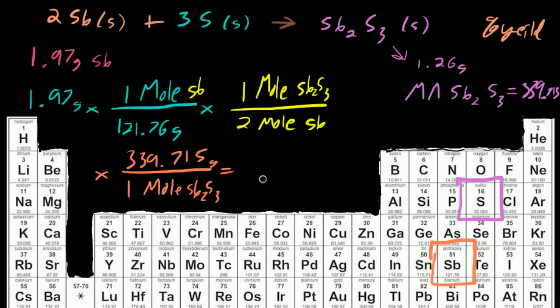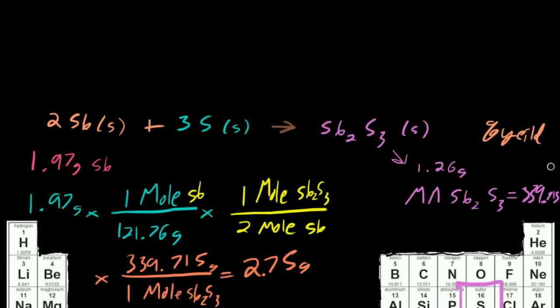Our theoretical yield is 2.75 grams. But remember, we only actually got 1.26 grams out of this reaction. So what do we have to do to figure out our percent yield? We have to divide how much we actually got by our theoretical yield.